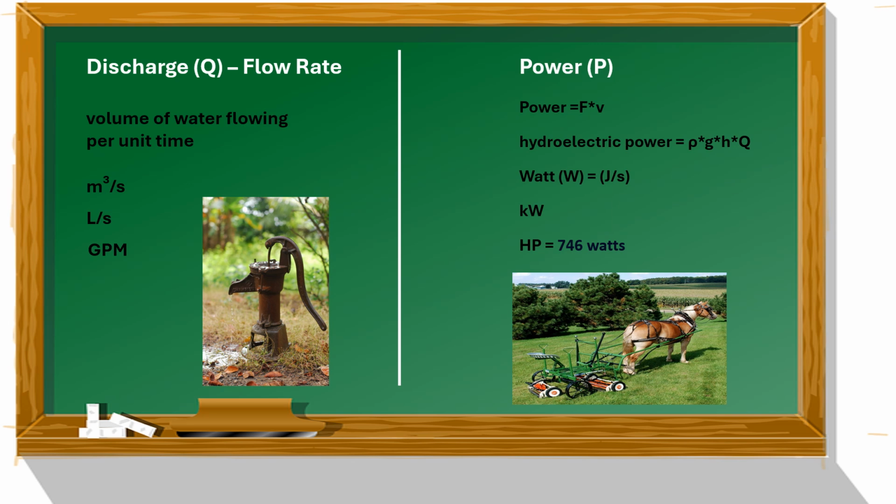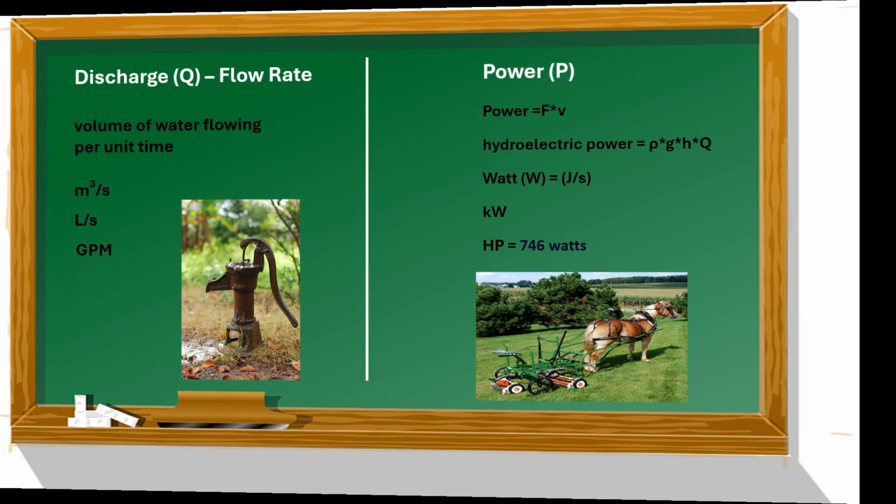First by watts, which is the SI unit for power, used in electricity, physics, and engineering. Kilowatts, 1000 watts, common for motors and appliances. Horsepower, used for cars, engines, and heavy machinery. So, whether it's a car engine, a power plant, or a hydraulic pump, power keeps things moving.